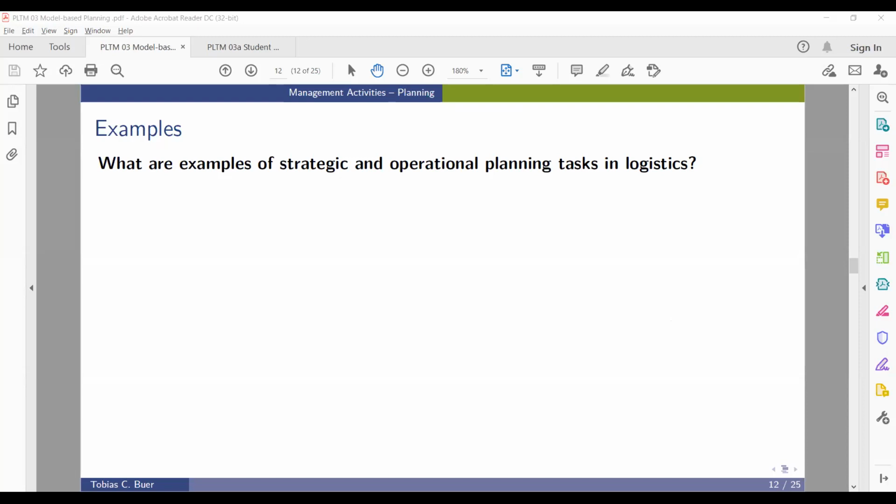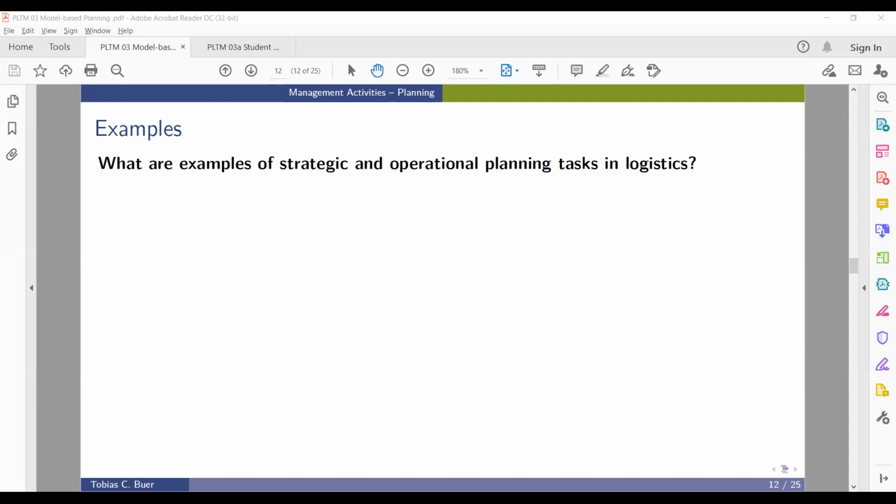So when we want to decide what the place of our warehouse should be, we clearly need to have some forecast about possible order flows, about possible jobs from our customers, and we use aggregated data and not individual small data sets.